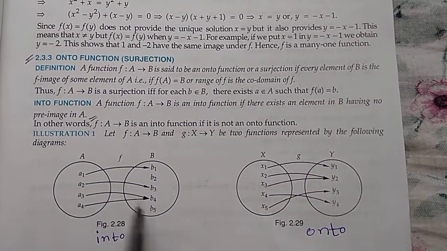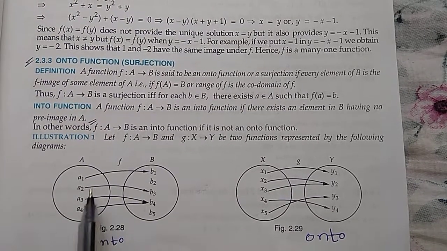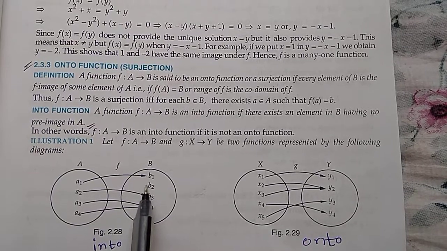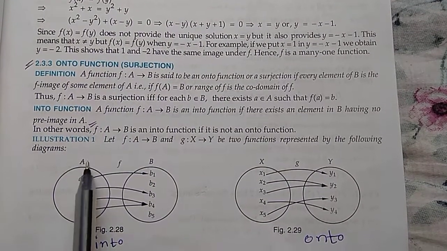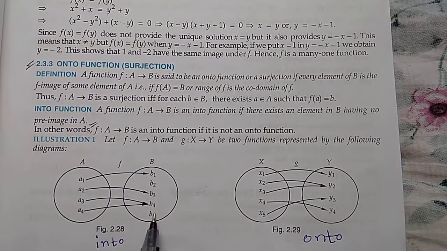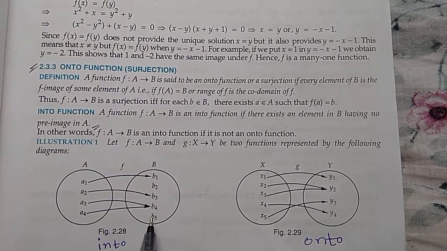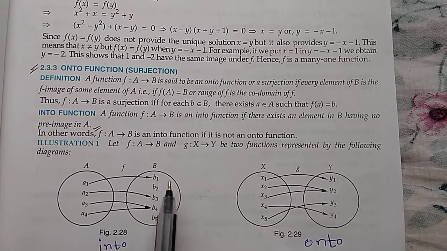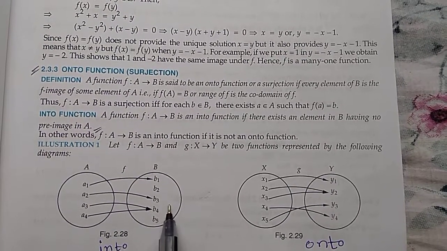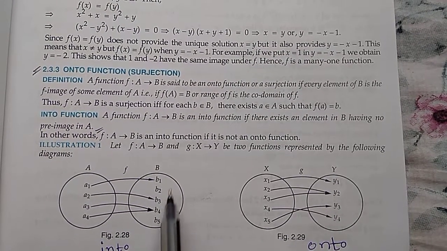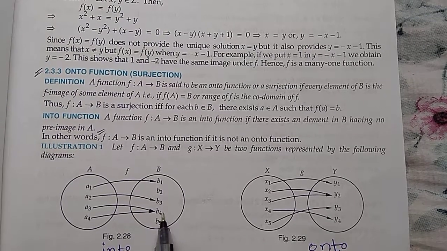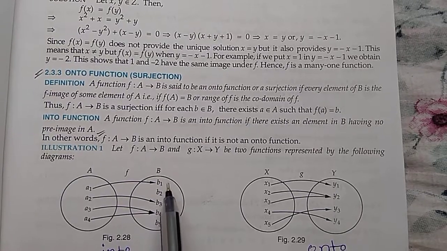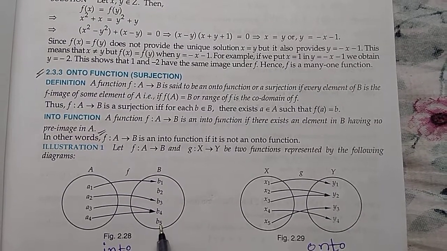Look at the diagram. Here b2 is not an image of any element of the set A. b5 is not an image of any element of the set A. The image set consists of the elements b1, b3 and b4, and the codomain set B has the elements b1, b2, b3, b4, b5.